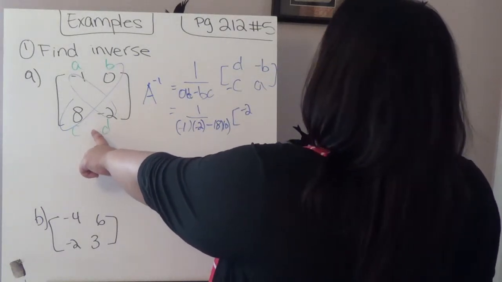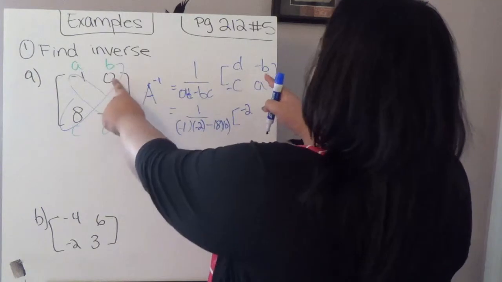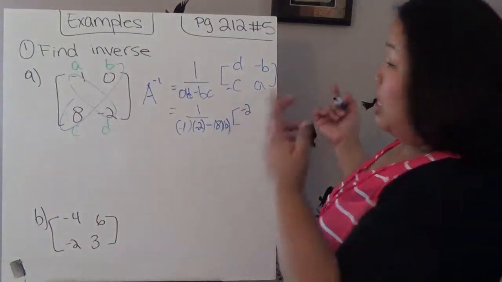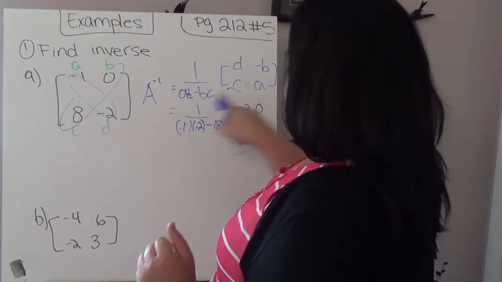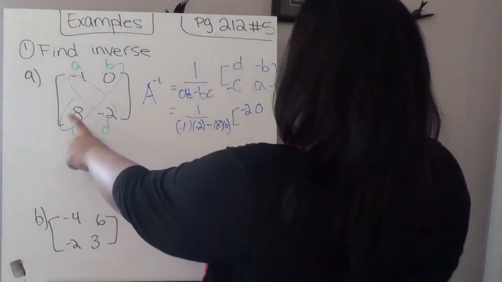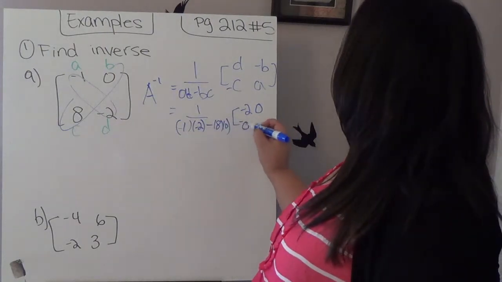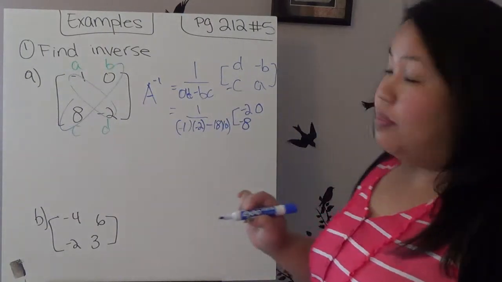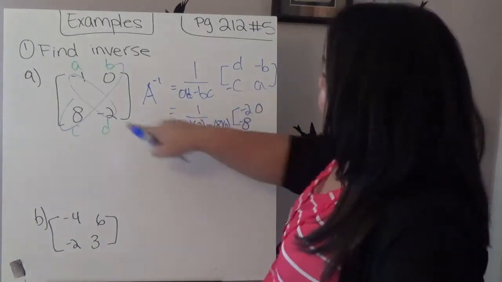And then we have negative B, so I have to switch it to negative, but because it's a 0, it doesn't really matter, so I'm just going to leave this as 0. And then this is a negative C, so if this is already positive it becomes negative, so I'm going to put negative 8. And then the last one is A.